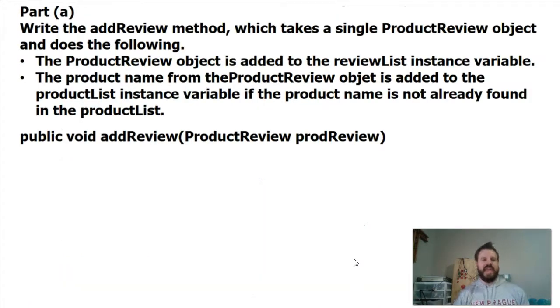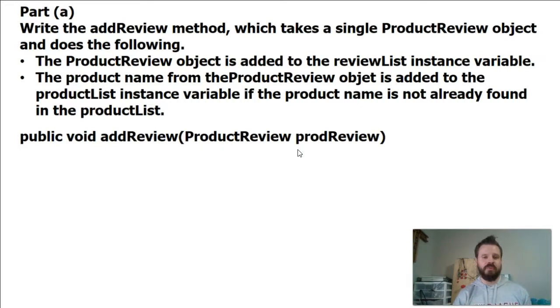First up, write the addReview method, which takes a single product review object. So we're going to plug a product review object in as a parameter for this one, and then it does the following. The product review object is added to the review list instance variable. That's my list that holds the product reviews.